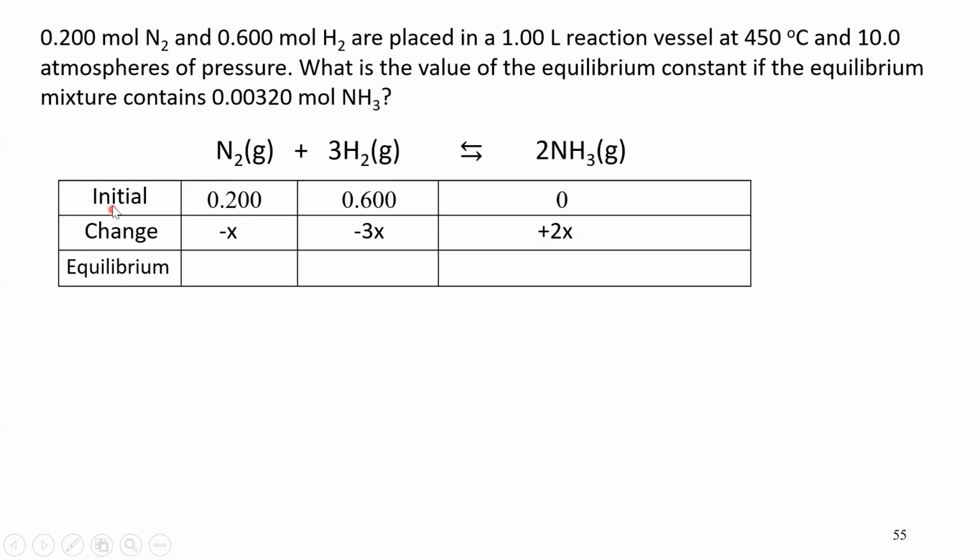So the E part of this ICE chart is equilibrium. So we've got initial, change, equilibrium. ICE charts are a way for us to organize our information. So at equilibrium, we're going to have 0.200 minus X for our nitrogen, and we have 0.600 minus 3X for our hydrogen, and we're going to have 2X for our ammonia.